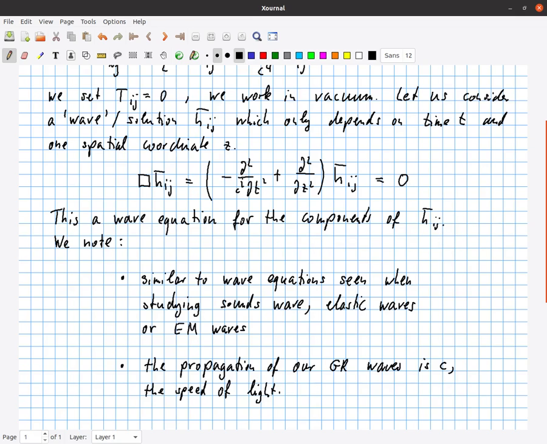Which follows immediately from this factor of 1 over c squared here in front of the second derivative with respect to time. Sometimes this is put here. It depends on the conventions that you have chosen previously when studying the wave equation. So you sometimes have the propagation speed squared here, or sometimes it's over here.